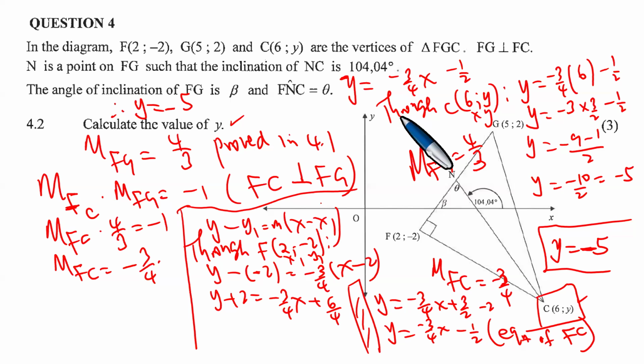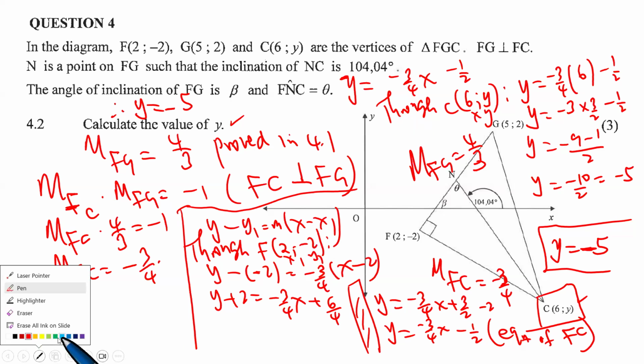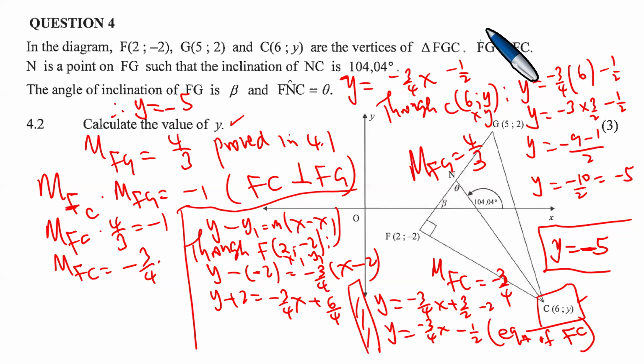For instance, a student can come here and say, you're dealing with the gradient of FC and FG. So you can say at the top here, the gradient of FC is equal to -3/4.